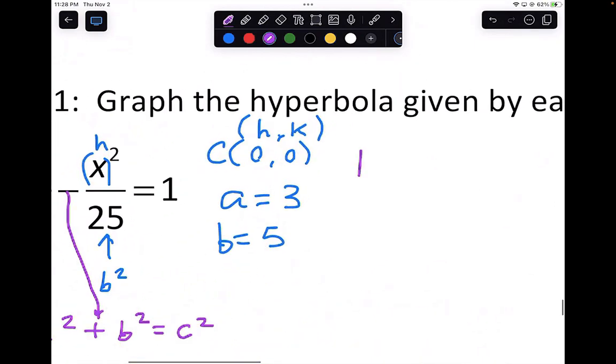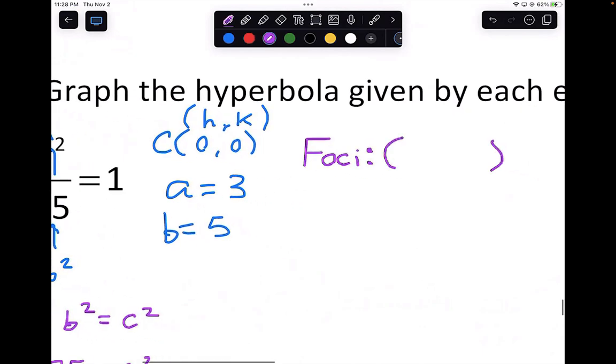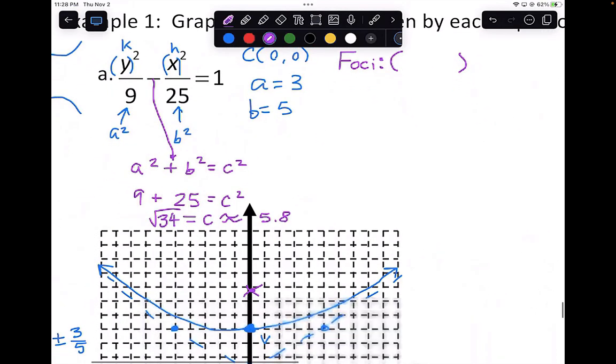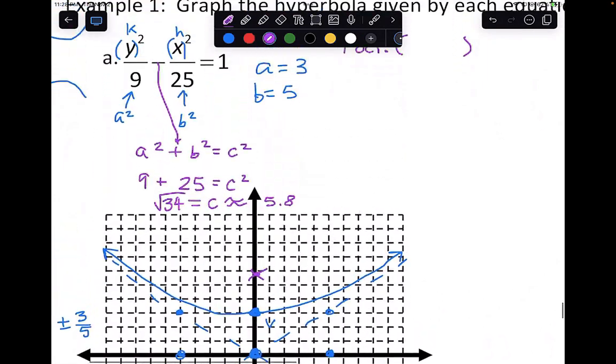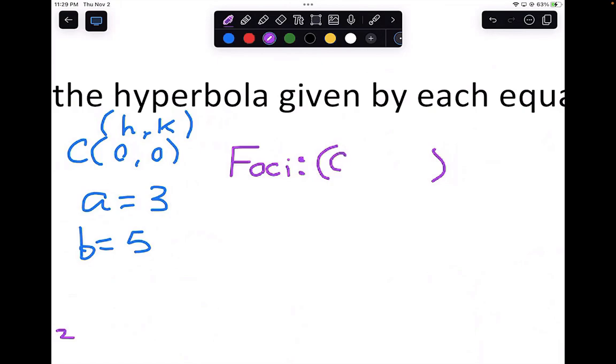The foci ordered pairs are actually kind of easy. You take your center, 0, 0, and since the foci are going up and down, you're going to add and subtract root 34. You're going to add that to the y value since it's going up and down. So it'll be 0, comma, 0 plus or minus root 34.